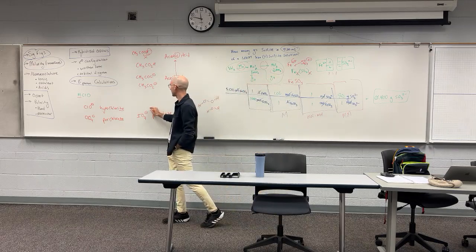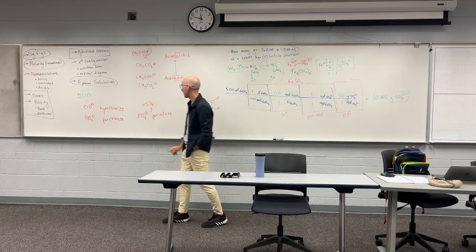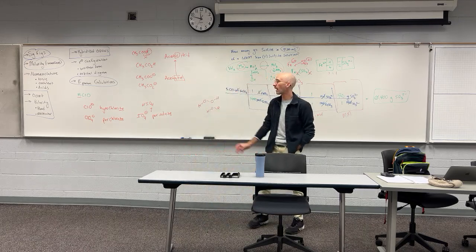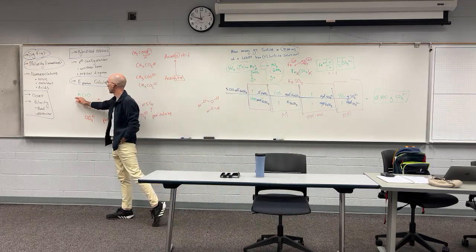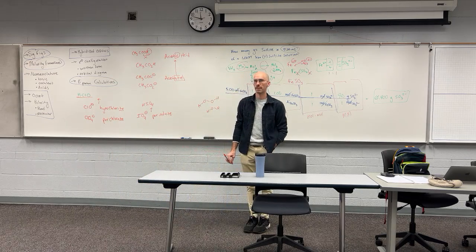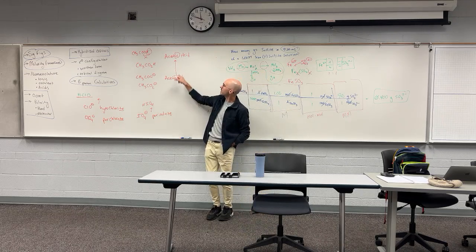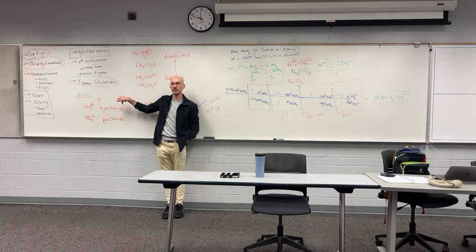Here's a fun acid. What is the name of HIO4? Oh, actually, we didn't even finish this one either. Let's start with this one. What would we name this acid? If ate turns to ic, then ite turns to ous.